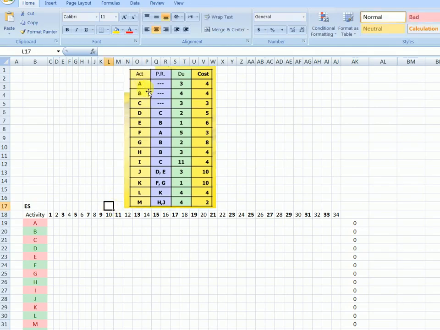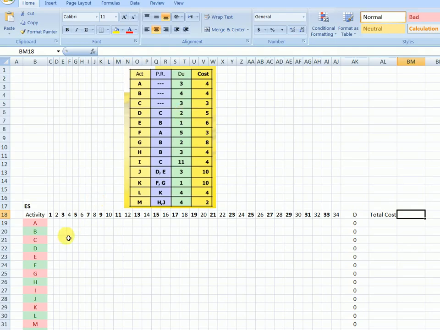Okay, what we're going to do is, let's say activity A has a duration of 3 and a cost. We will make this the duration, this the template duration, and this the total cost. They wrote 4, so what they mean is 4 per day, $4 or something like that.